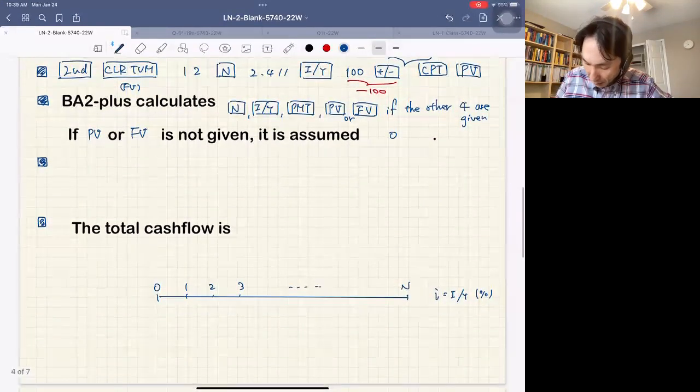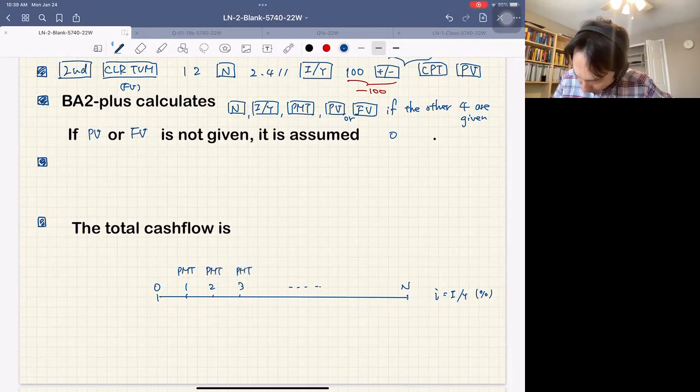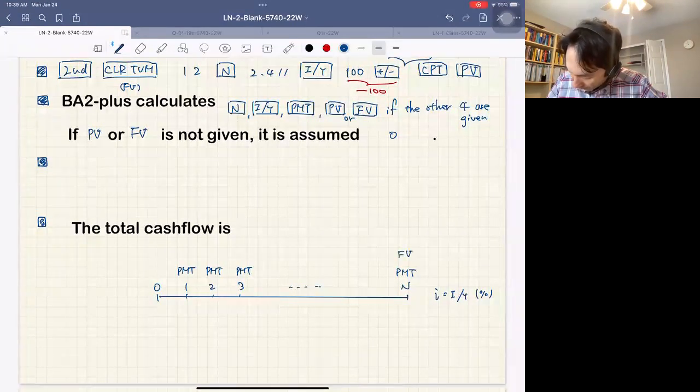Then payment. The payment amount here, N times. And the future value here, and the present value here. So now we have N, I, the payment, the future value and the present value.